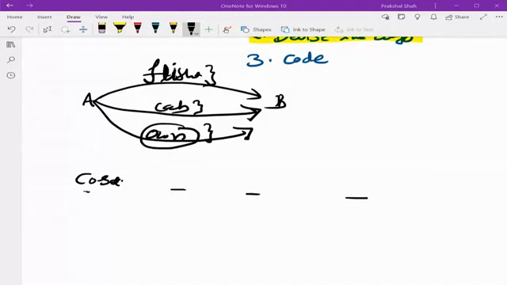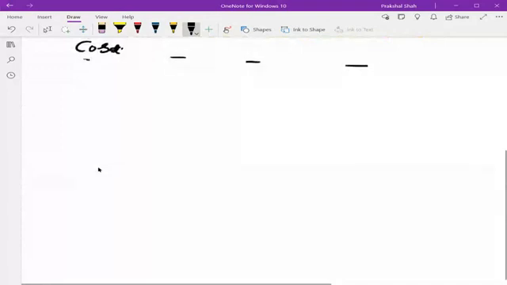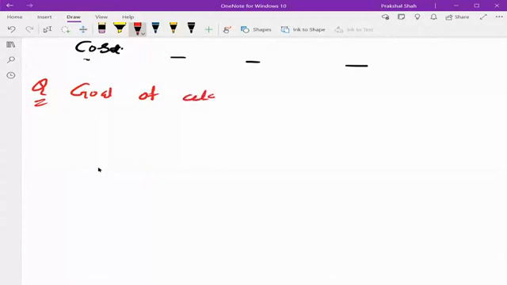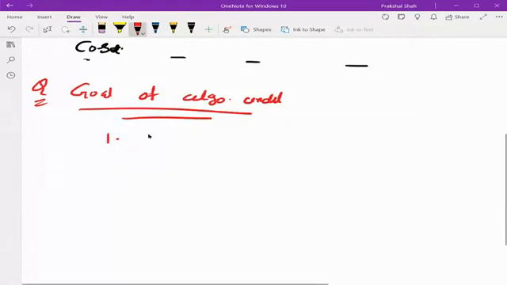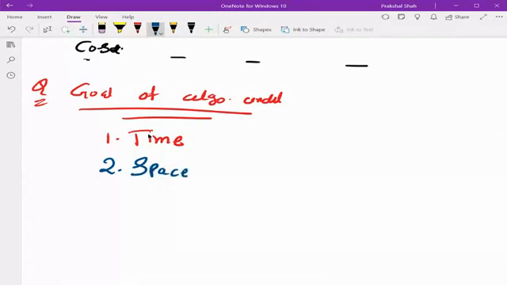Depending on that, we will derive an output. Now we discussed the goal of algorithm analysis. In that, we saw that there are two comparison terms. The first one is time complexity, and the second, much more obvious one, is space complexity.